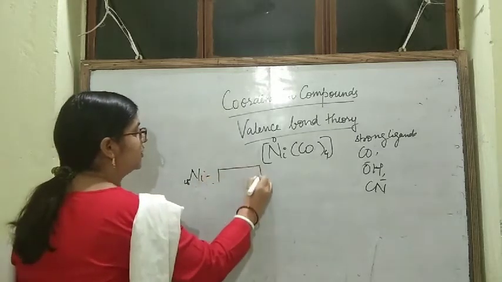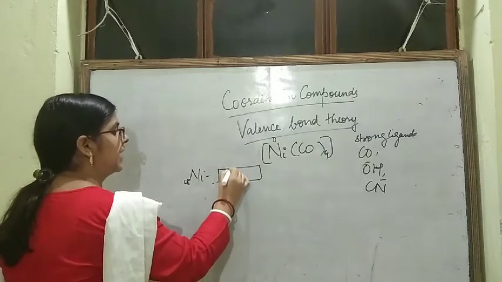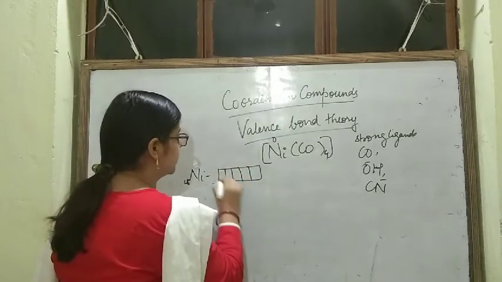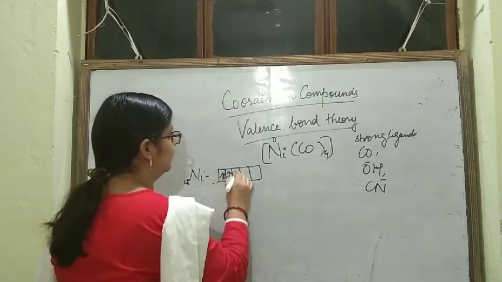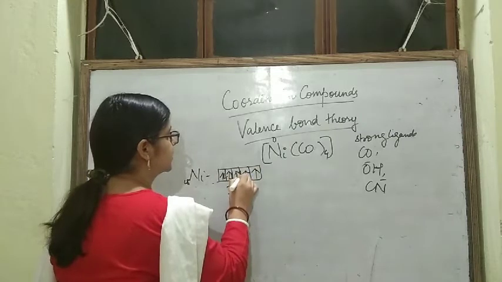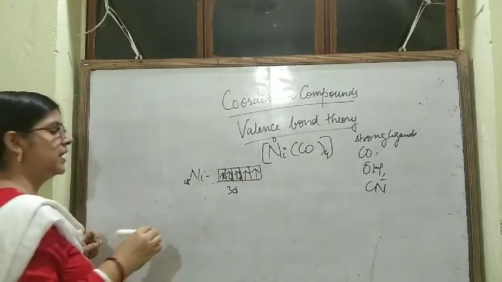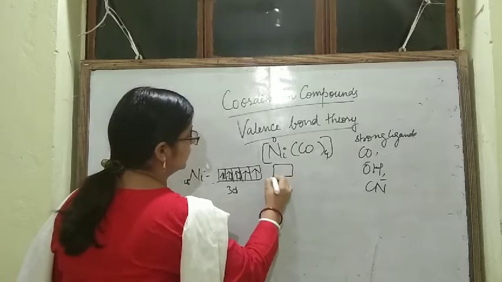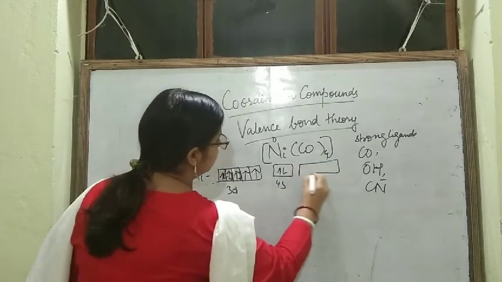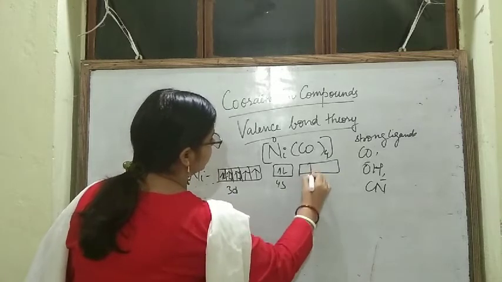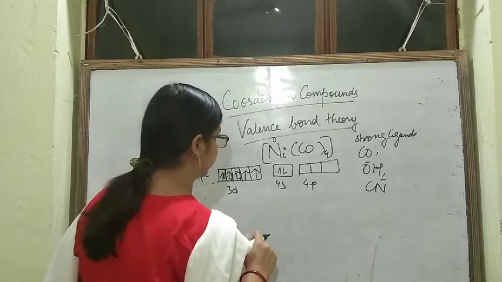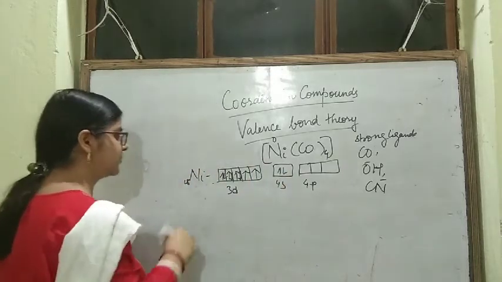If we talk about the valence s and (n minus 1) d orbitals, the electrons are placed in the d orbital as 2, 3, 4, 5, 6, 7, 8, and in the 4s it has 2 electrons, and the 4p is vacant. You can draw 4d also.